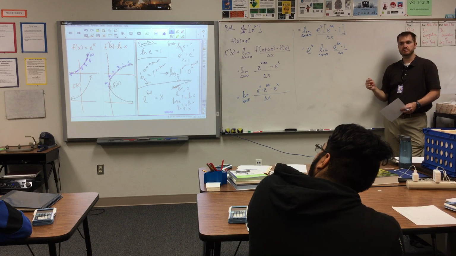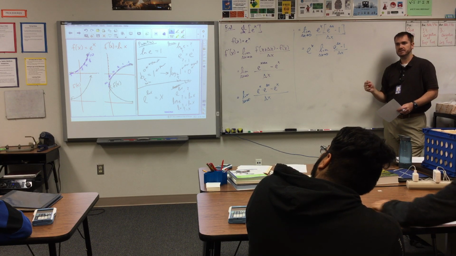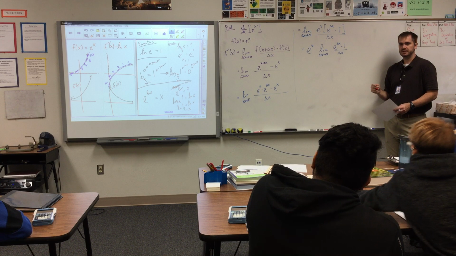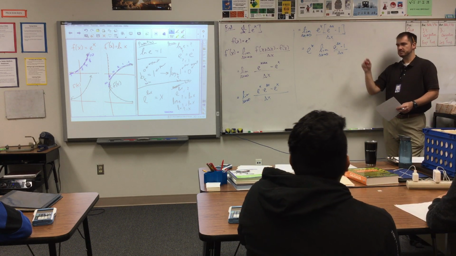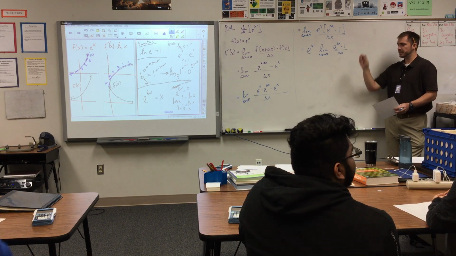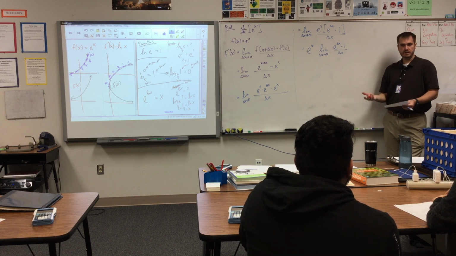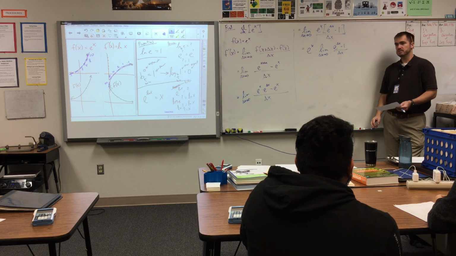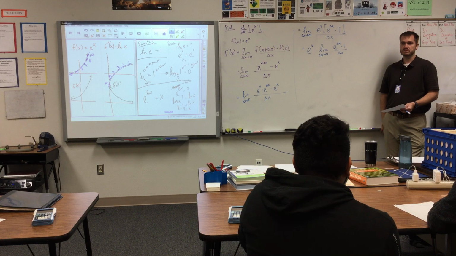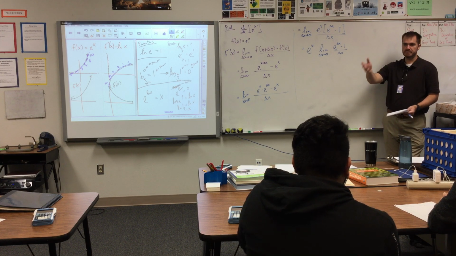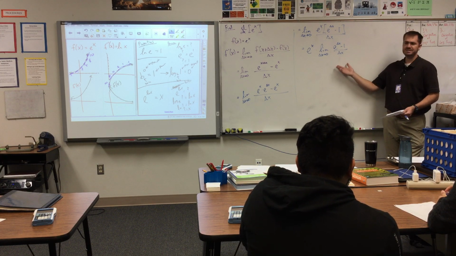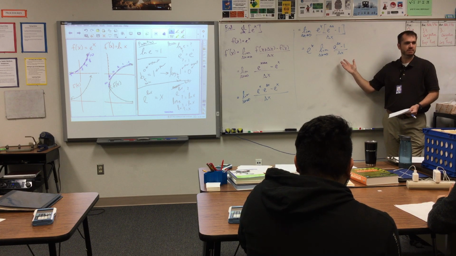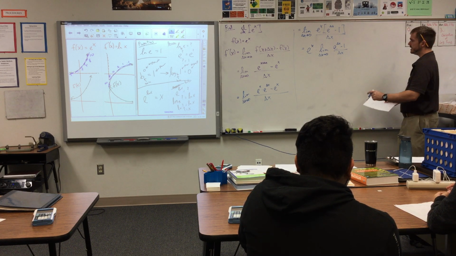So what are some of our other tools? We could graph it on the calculator and trace along. You could factor it, multiply by the conjugate, all that stuff. Let's just go with the table, okay?